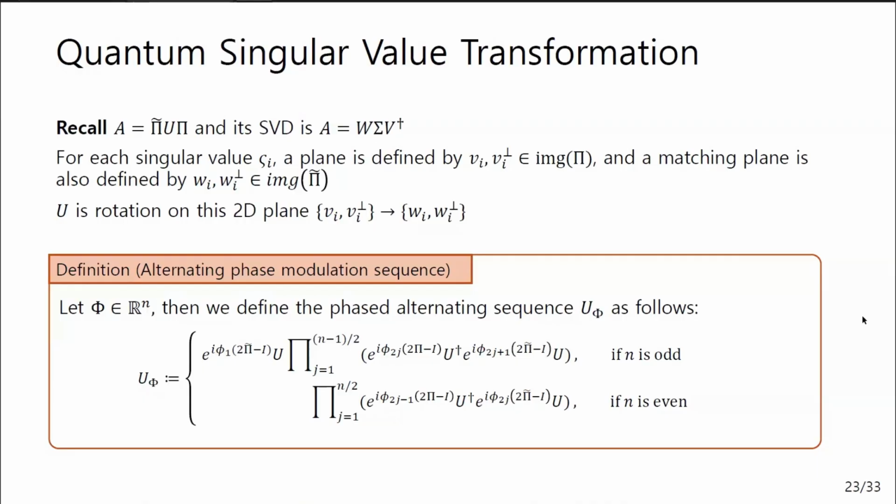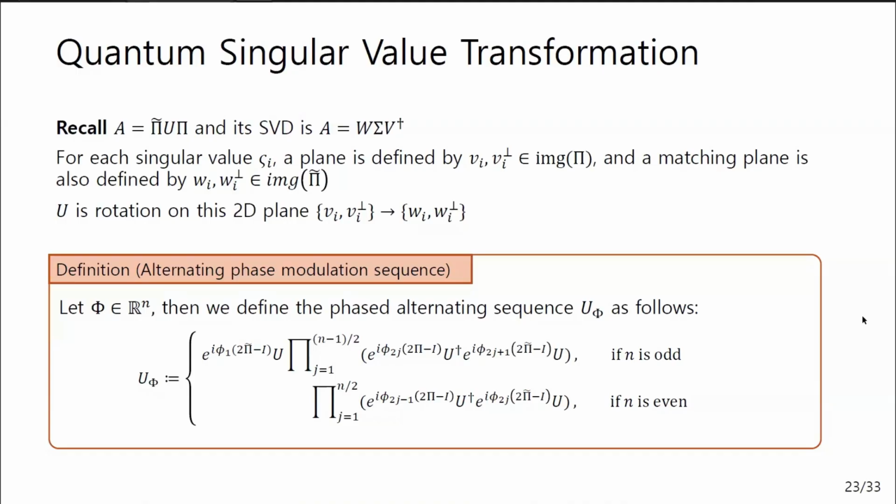And a matching plane is also defined by wi and wi perp, which is in the image of pi tilde. U is a rotation on this 2D plane, vi perp to wi perp.